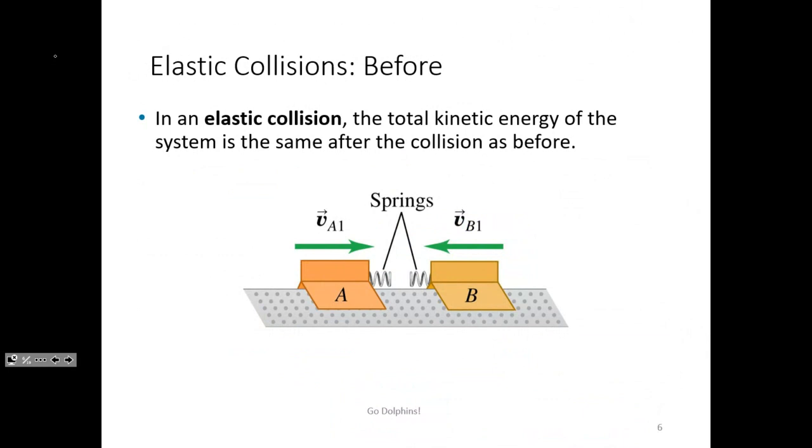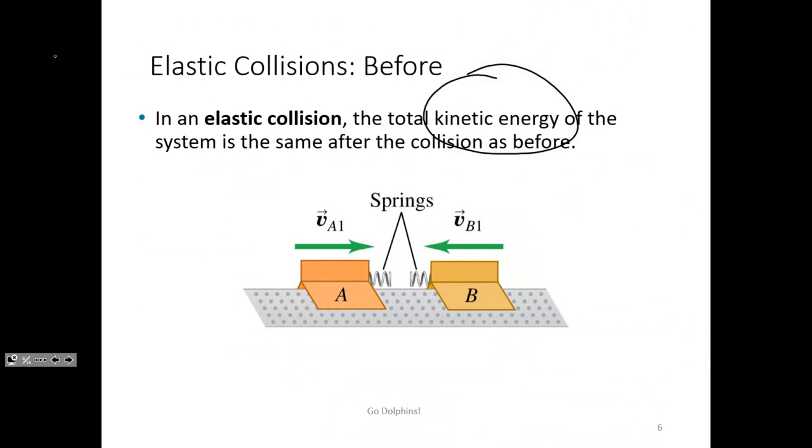Momentum is conserved for all collisions. To distinguish different kinds of collisions, it depends on how kinetic energy behaves before and after the collision. We group them into elastic collisions, where you have the same kinetic energy before and after the collision.